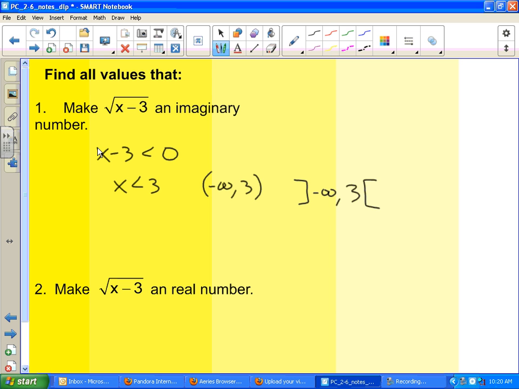Do you remember this? Explain that. How come it's okay? We just said that underneath here, if I have a negative, I'll get an imaginary number, right? So think about what values of x are going to give me negative numbers.